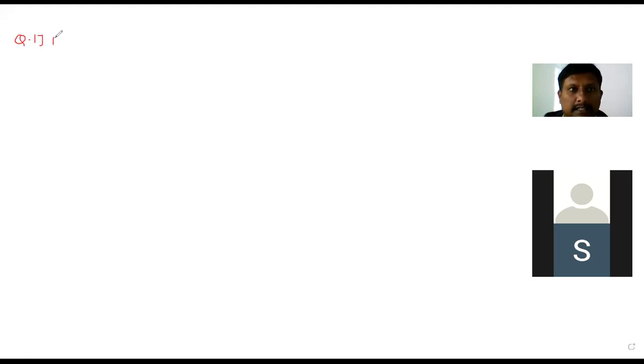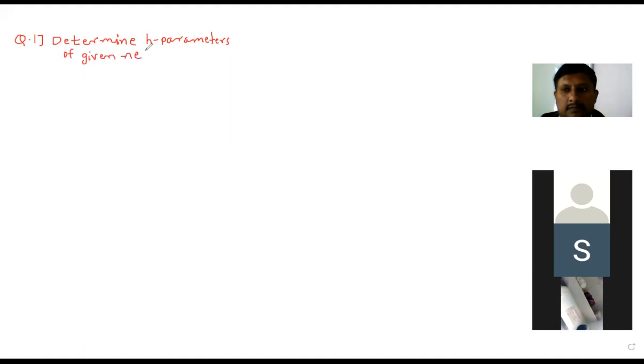Question number 1: determine the H parameters of the given network shown in the figure. The same network we can take, which we used for finding the Z parameters and Y parameters. This network has ports 1 1 dash and 2 2 dash.